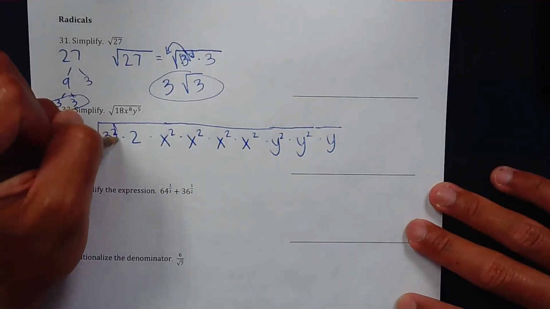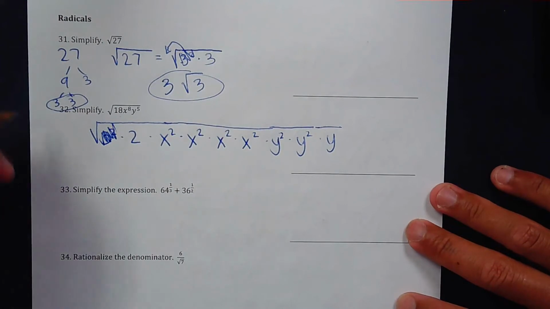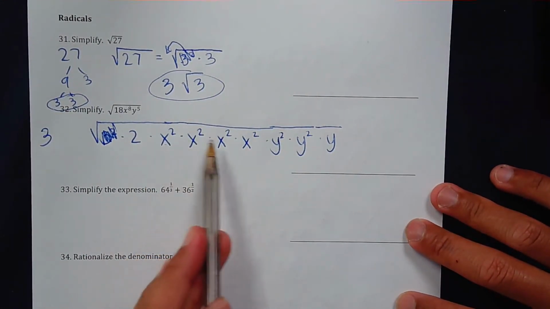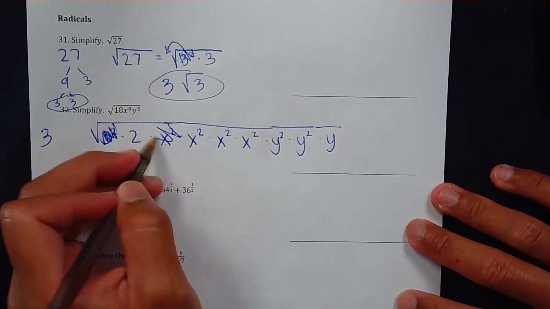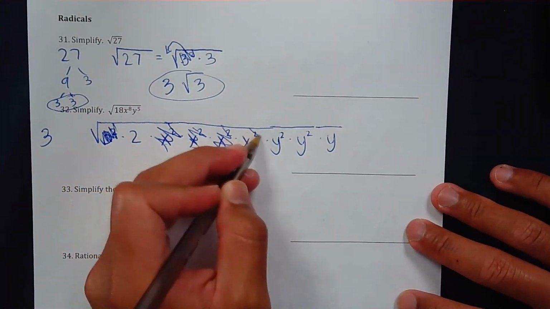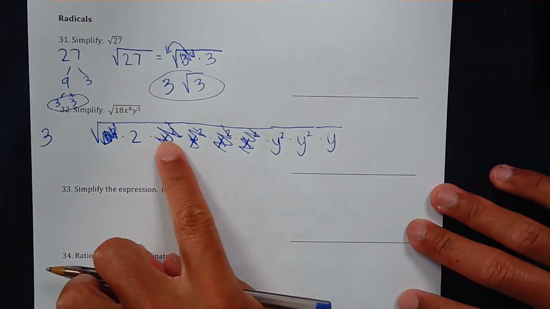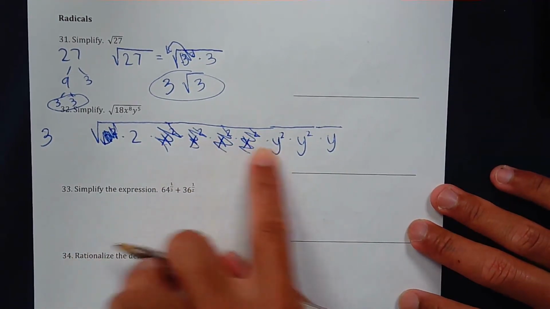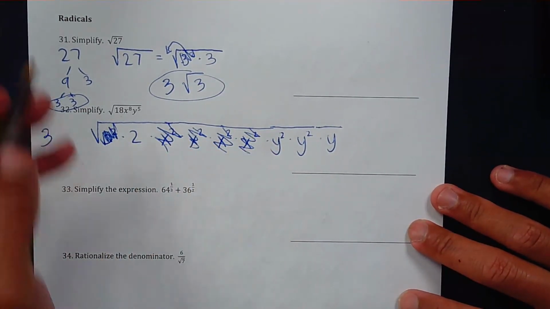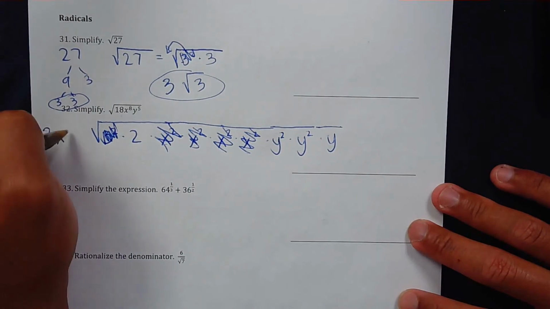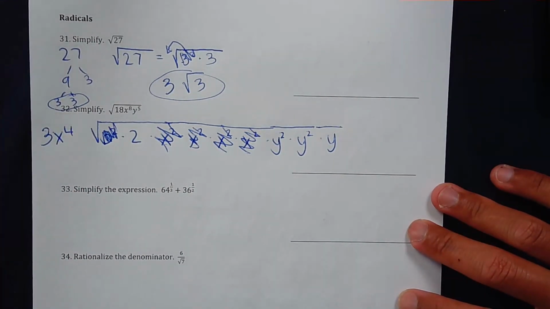So we take that out, we write it at the front. Now we have 4 of these x's we could take out. So 1, 2, 3, 4. But we don't write 4x, right? Two totally different things. We write x to the 4th power, right? x times x times x times x. That's x to the 4th power.